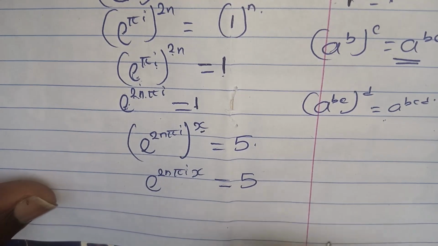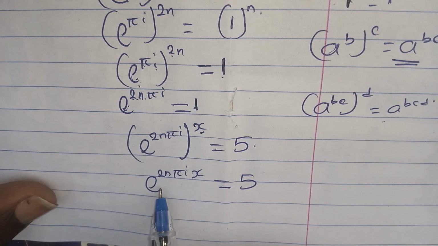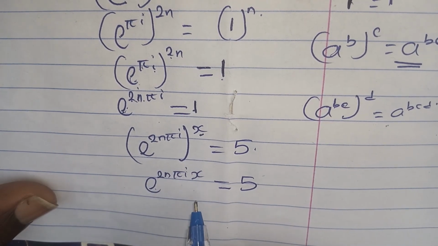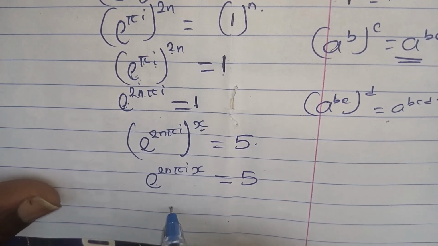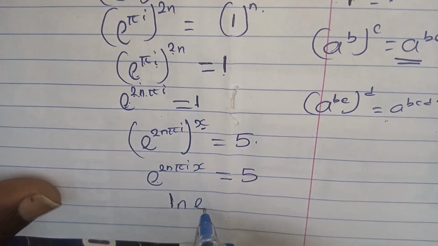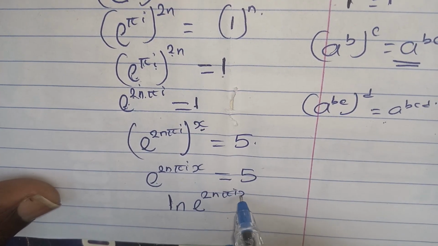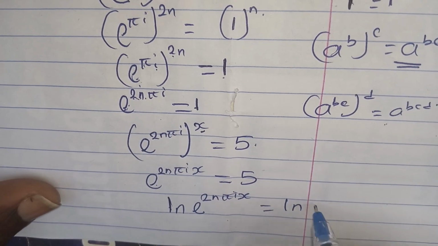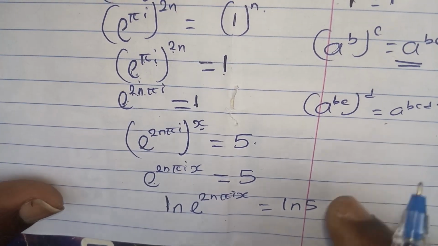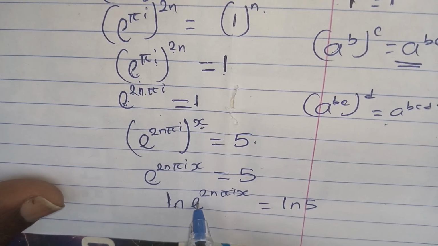Okay, so we've done this. We are going to take the ln of both sides. So if we take the ln of both sides, we say ln of e to the power of 2n pi i x is equal to ln 5. So we can see this exponential will cancel this ln.